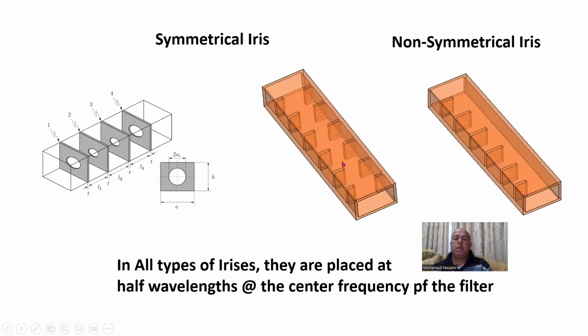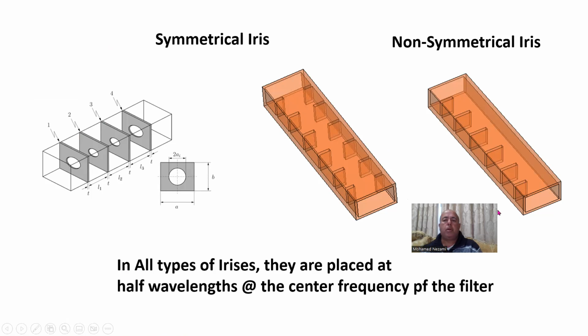That's what you see in here. Of course, you could go either symmetrical or asymmetrical. They're exactly the same equivalent. Same when you do an iris hole, but you don't see this very often. You always see these two.